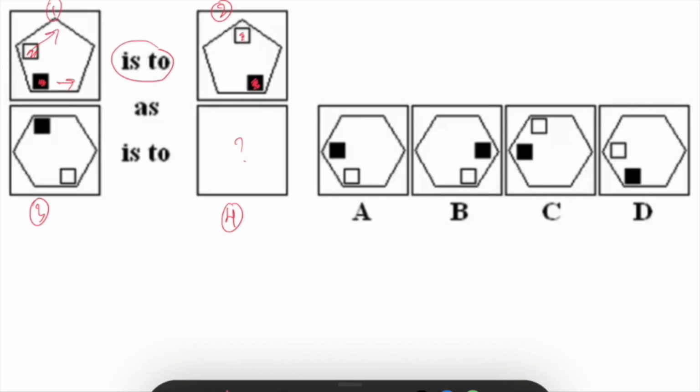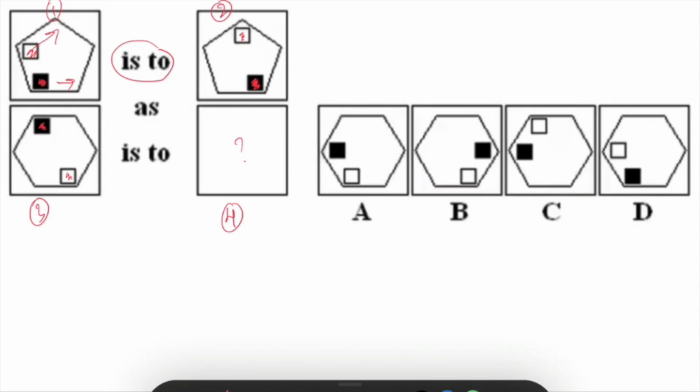So when I apply this to pattern 3, I expect both the black square and the white square to move one movement.